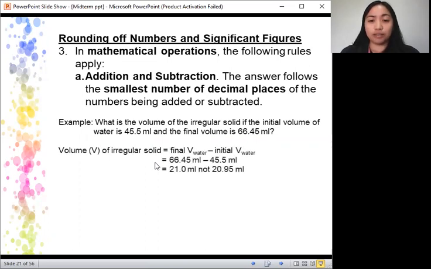So to get it, 66.45 ml minus 45.5 ml will give you 21.0. So you report it as only one decimal place and not 20.95. So dire nag-round off na ka because one decimal naman imong need based sa rules sa significant figures para kung magamit ka og addition or subtraction, diba?